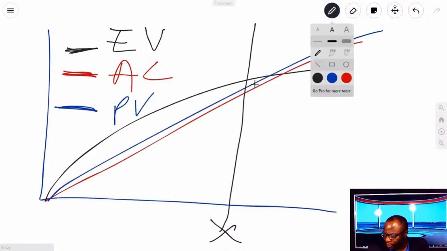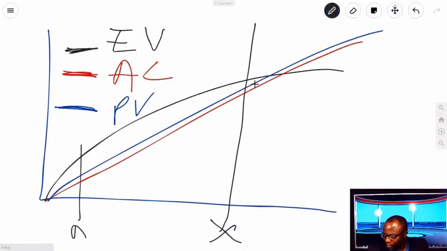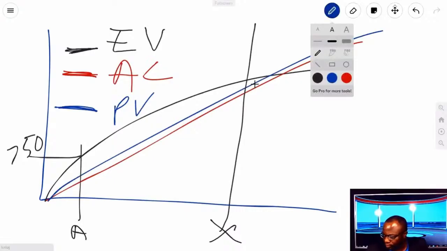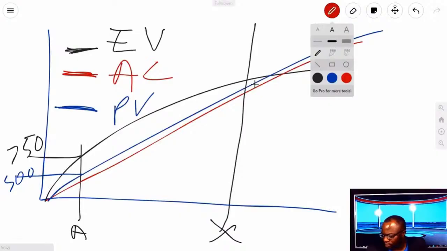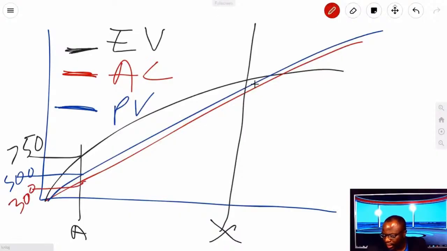So at point A, your earned value is, let's say, 750, your planned value is 500, and your actual cost is 300 at point A. All right, so that is how you will read these numbers.